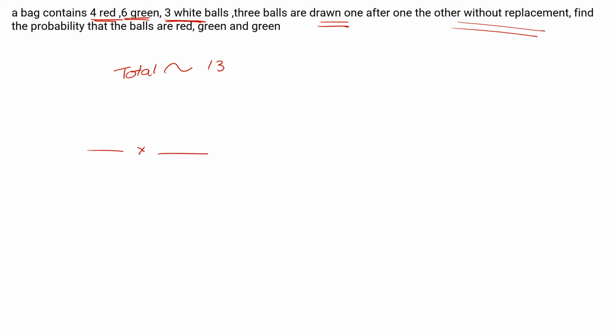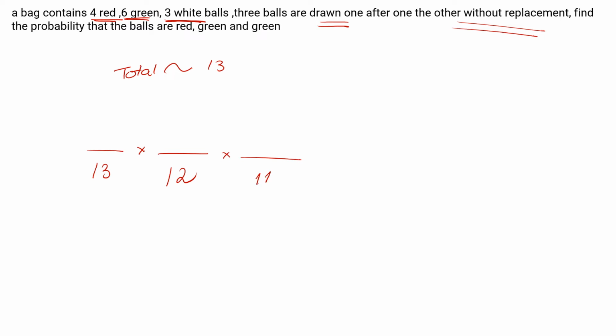Without replacement means that first of all you draw a ball, so in the bag there were 13 balls. Then you do not return it back. So how many balls are left the second time? 12. Again you put the ball aside and how many balls are now? 11 balls.